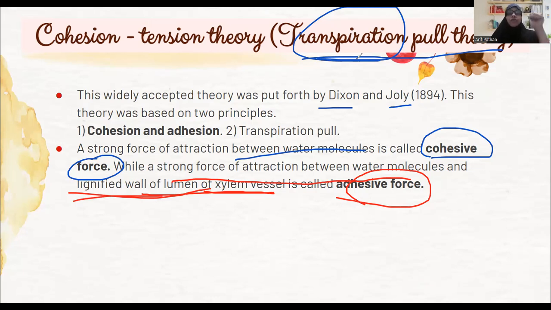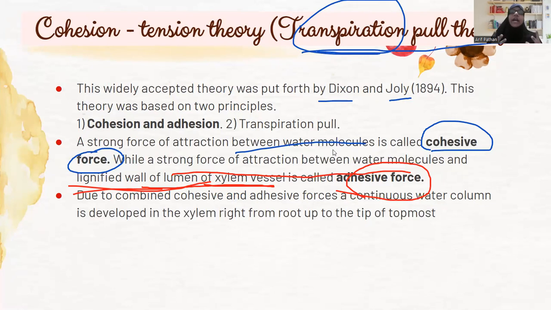So the first principle that explains the transpiration pull theory is the cohesive force and adhesive force existing between the water molecules, and between the water molecule and the wall of the xylem vessel. Due to this, a continuous water column is developed right from the root tip to the uppermost apex, to the tip of the topmost plant, that is the leaf.